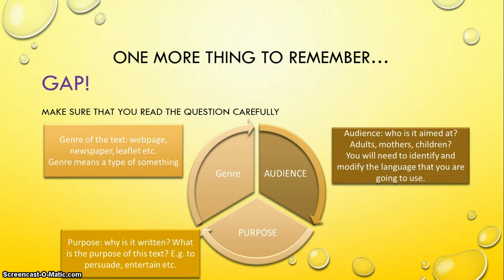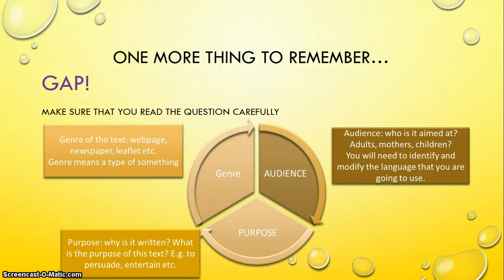So I would always write down in the corner of my paper GAP. What is the genre of the text? Really, the format: what kind of format will you be asked to write in? Is it a letter? Are you asked to write an email? Are you asked to write a leaflet? Perhaps it's a newspaper. If it's a newspaper, of course it's going to have a headline. If it's a leaflet, it might have bullet points. If it's a letter, it will need to have addresses. So that's the first thing you would do.